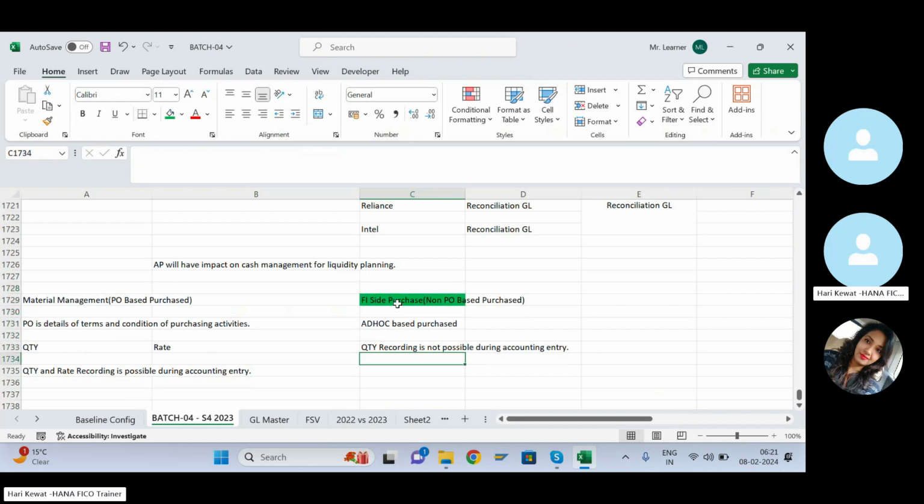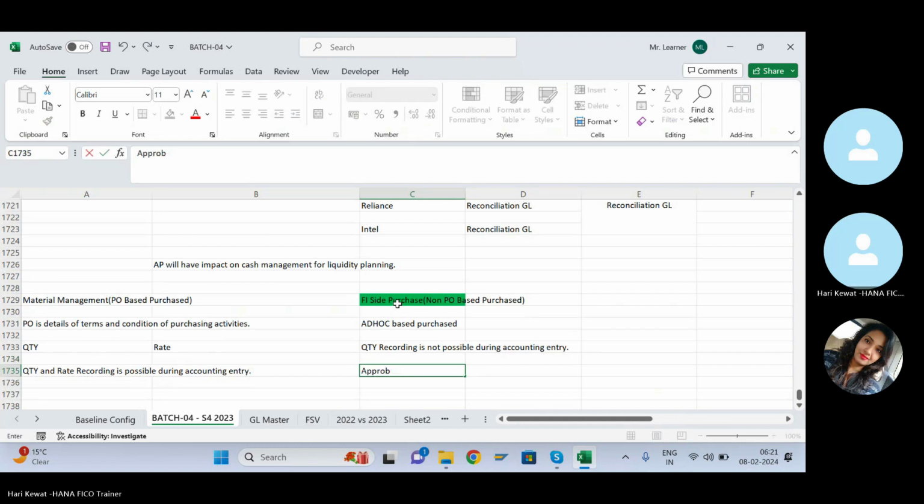Every company generally follows this for non-PO based invoices. So approval from managers is required to post FI vendor invoices.